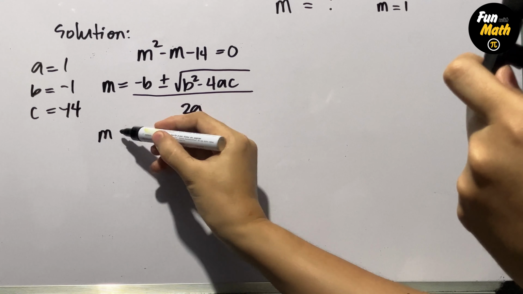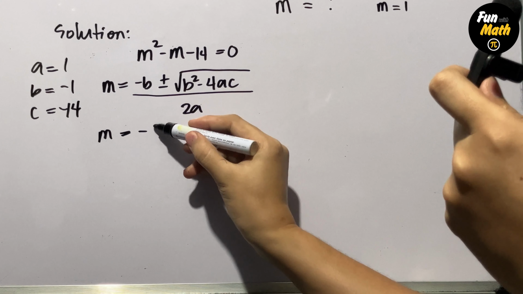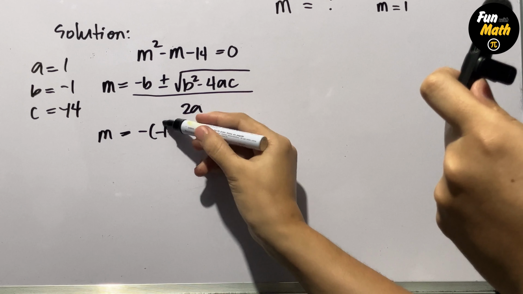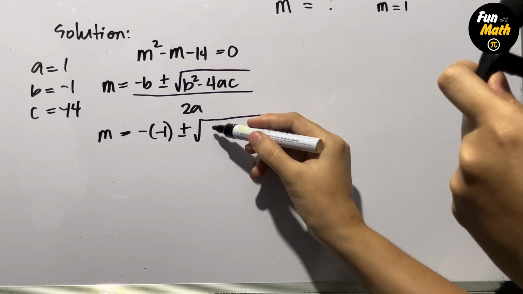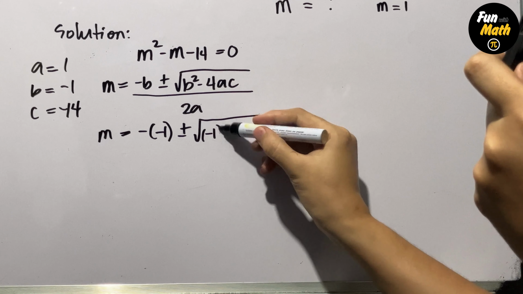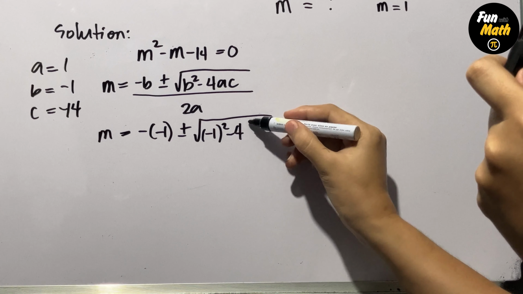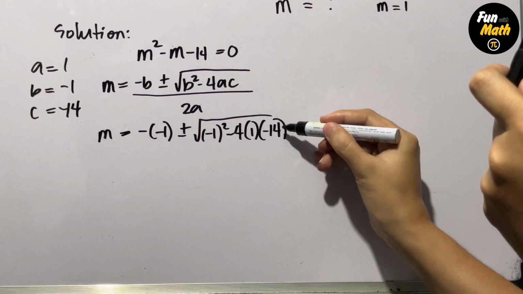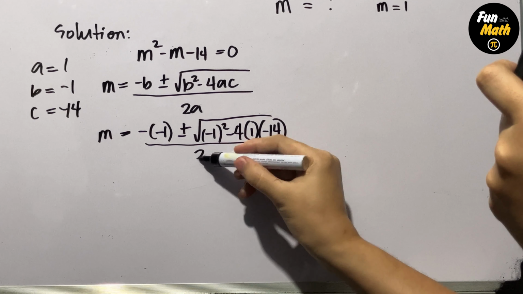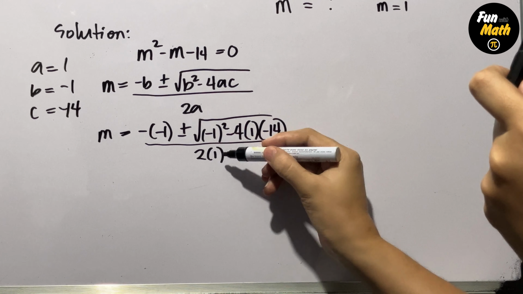So this is m is equal to negative times b, that is negative 1, positive negative square root of b squared, that is negative 1 squared, minus 4 times a, that is 1, times c, that is negative 14, over 2a, that is 2 times 1.